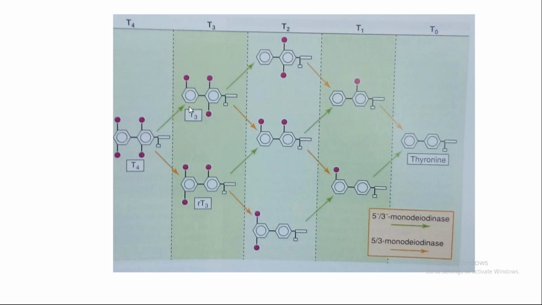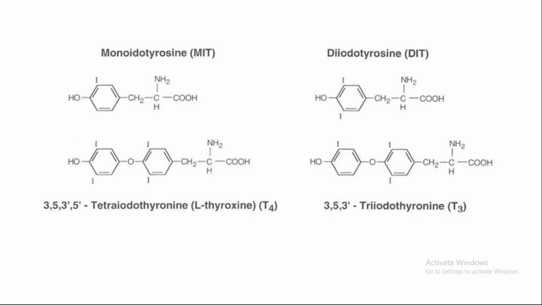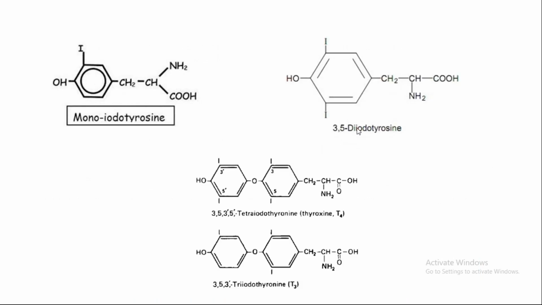If the iodine at place 3 is removed, now I will show you the structure. Here you can see the structure of monoiodotyrosine, MIT. Here you can see T3 and T4.